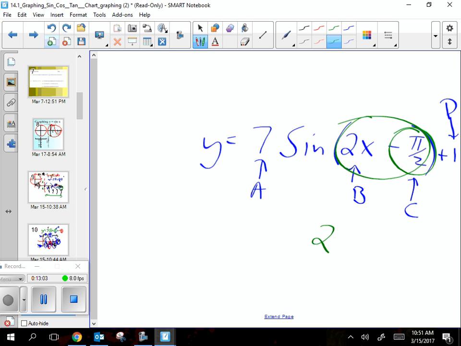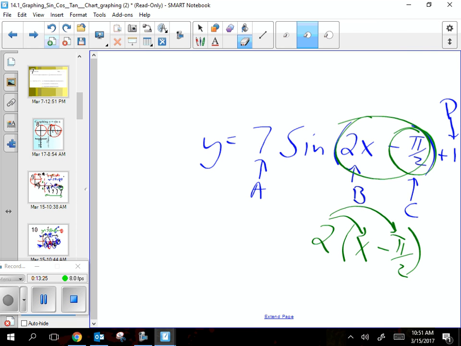So if I factor that 2 out, and I now have x minus, what do I put there? Can I just put pi over 2? No, because then if I multiply it back out, I got 2x, and the 2's would cancel, I'd have pi. Pi over 4 is correct.